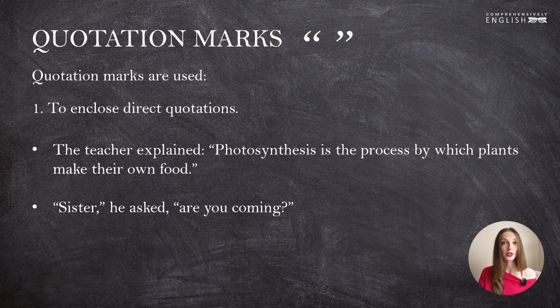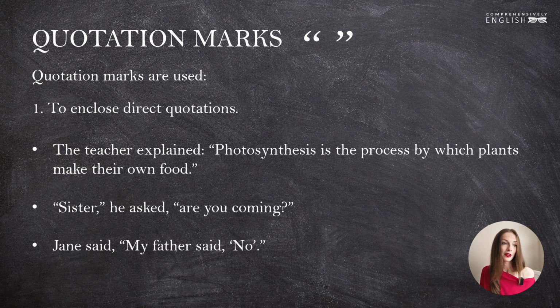Here the direct speech is interrupted. We have two commas that insert the piece that does not belong to the quote, and we use quotation marks to enclose two pieces of the direct speech. And the last example, Jane said, my father said no. Please know that in this last example we use two types of quotation marks, single quotation marks and double quotation marks.